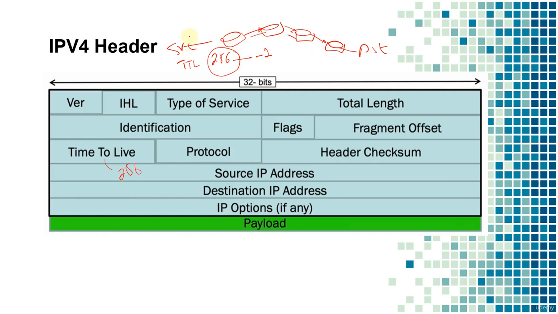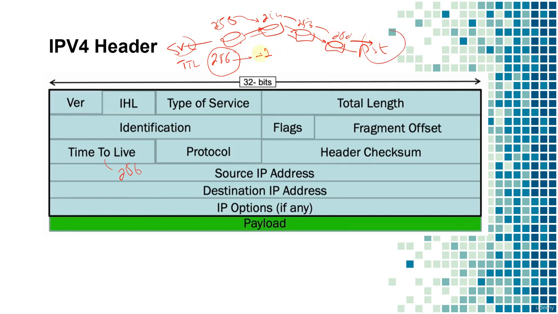So from the source it hits the first router, and the packet TTL value is 255. Then it reaches here, the value is 254, 253, 252, and it hits the destination correctly.